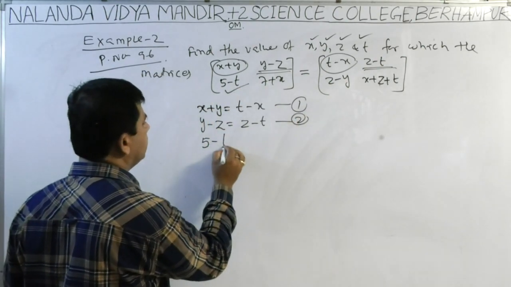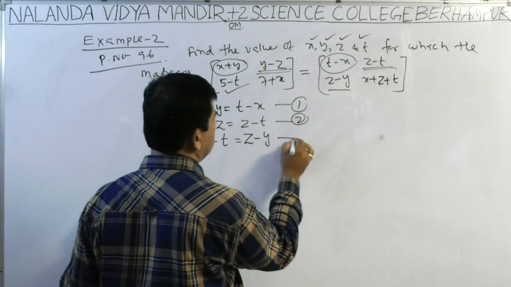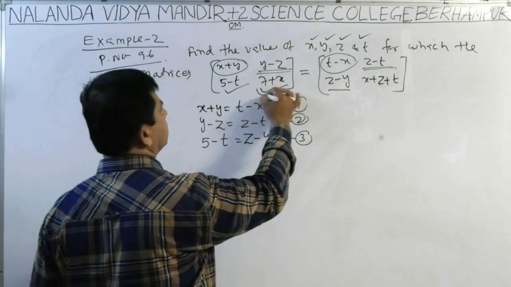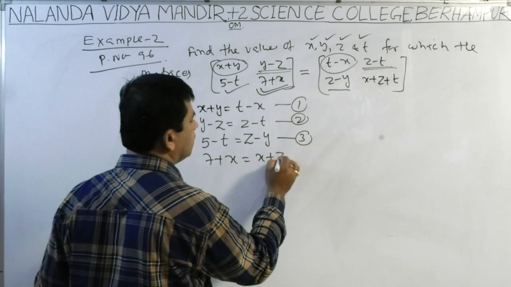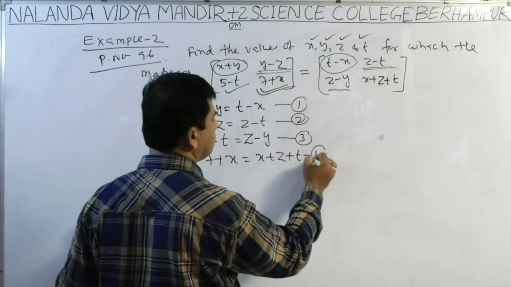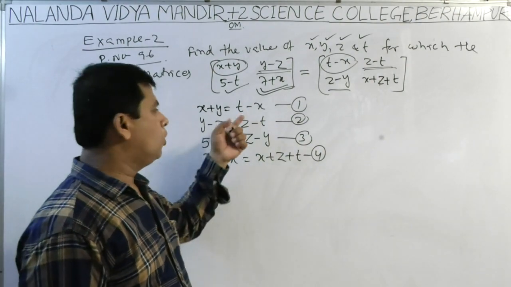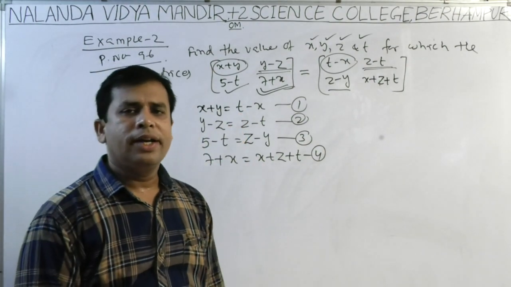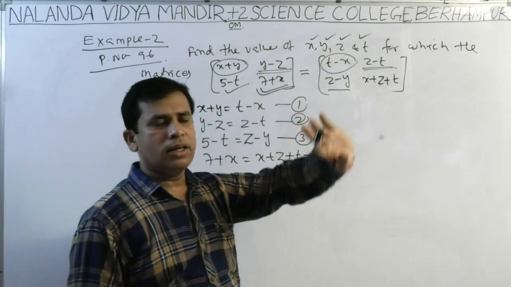Similarly, 5 minus t is equal to z minus y. And the fourth one is 7 plus x is equal to x plus z plus t. We have 4 variables and 4 equations. Therefore, we can easily solve for the values of x, y, z and t.